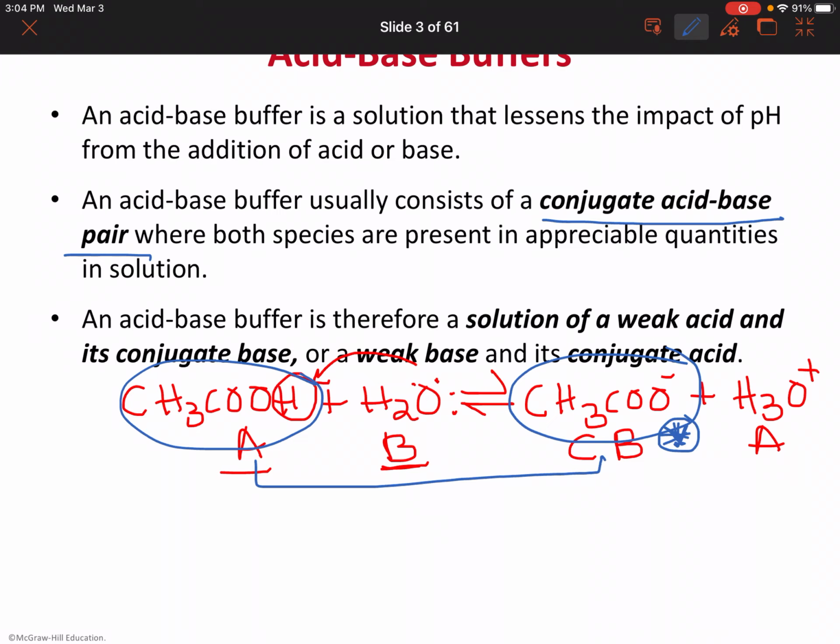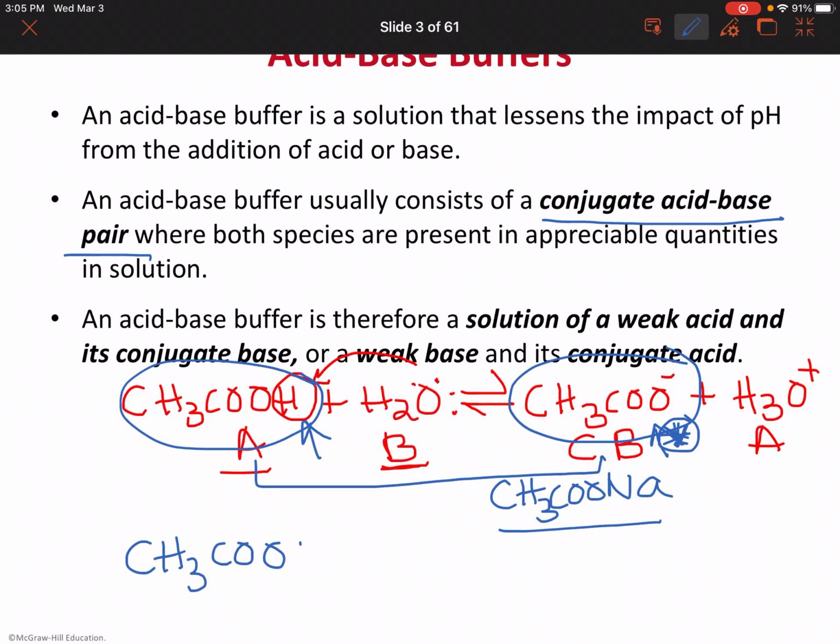You're going to be adding this acetate ion in terms of sodium acetate, CH3COONa. Earlier you had a hydrogen here, but the hydrogen is now replaced by sodium. So if you want to make a buffer with this conjugate acid-base pair, you would use acetic acid, and your conjugate base would come as sodium acetate.